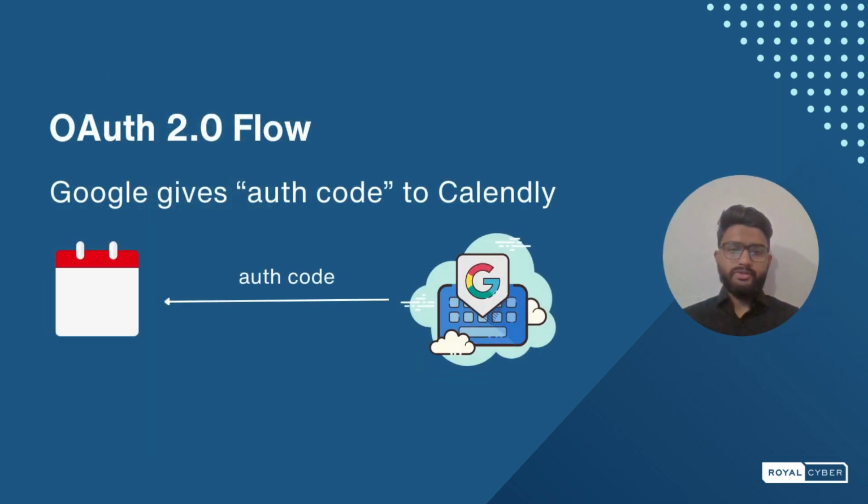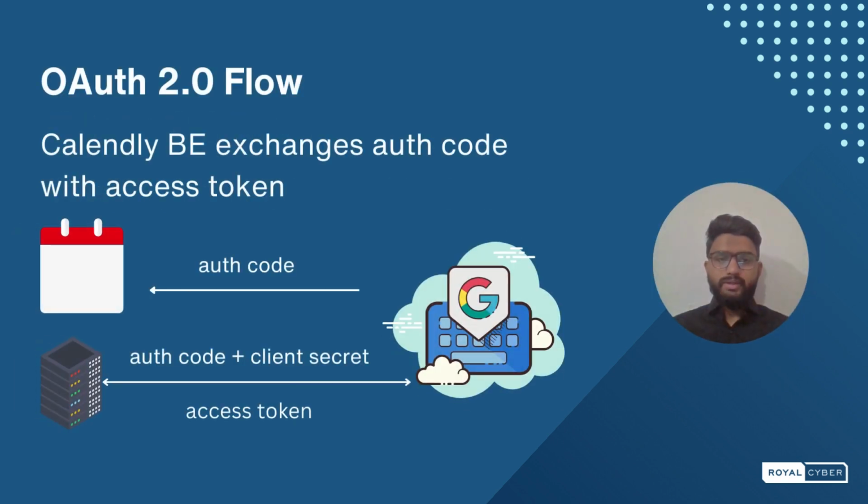Once you give permission for Calendly to work with calendar-related data, Google would give an auth code to the Calendly front end, because you are obviously working in a browser. Once the front end has received the auth code from Google, it would send the auth code to the backend side of the application.